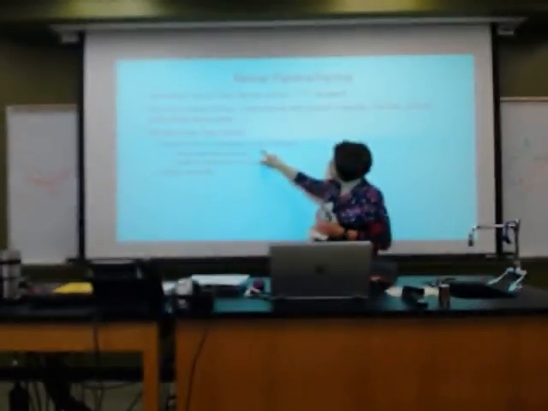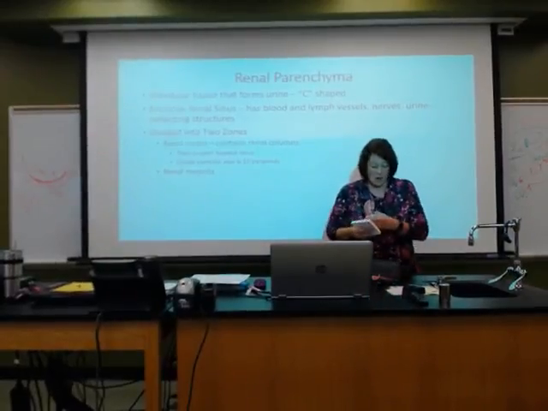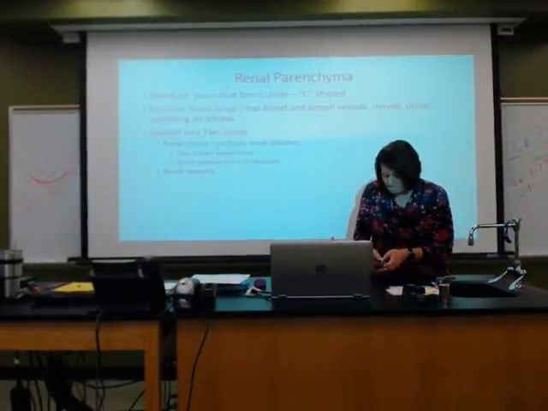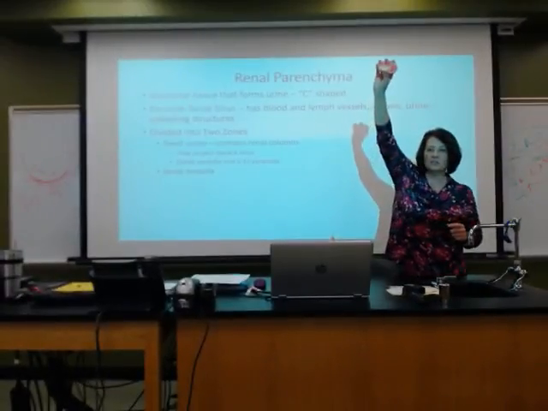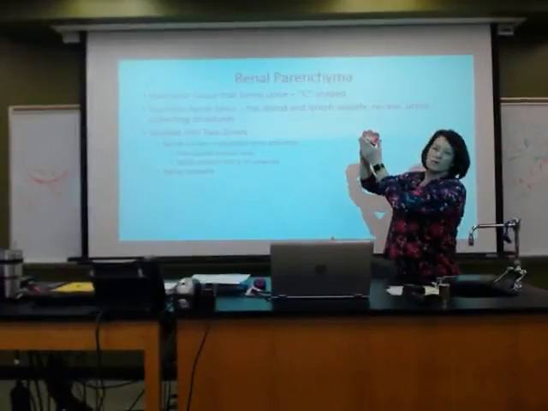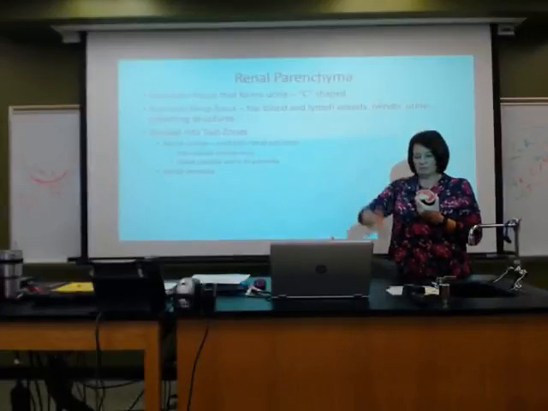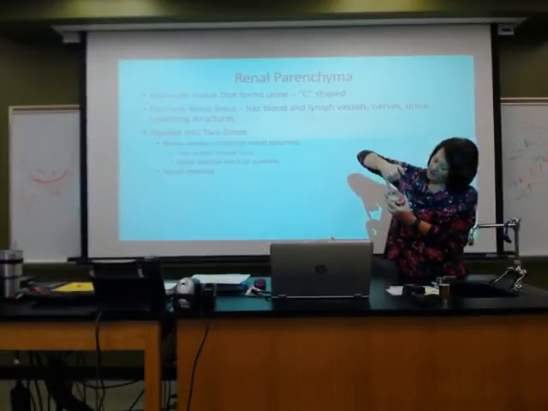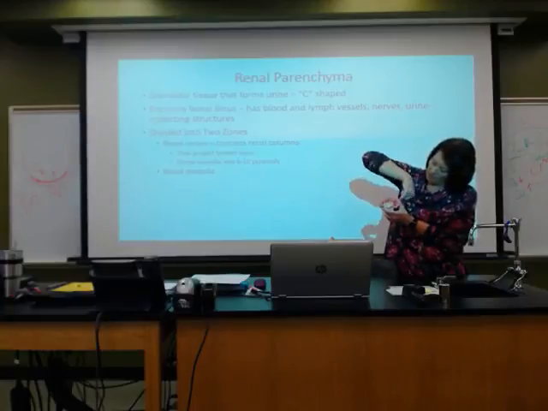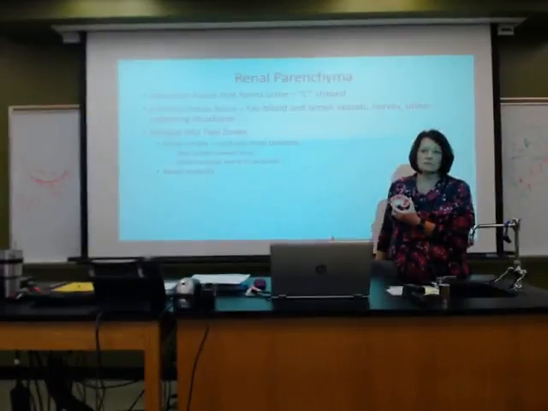The renal cortex contains renal columns. Probably easier identified on this little half section. What do you think of when you hear the term column? You think of a tall column. Do you see how it projects down in between each of these little red areas?